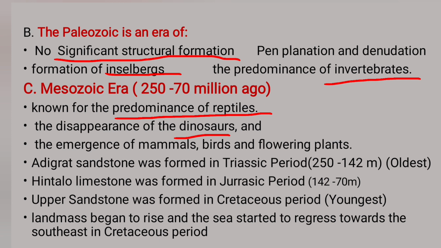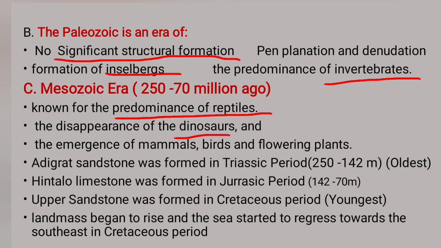Adigrat sandstone was formed in the Triassic period, between 250 to 142 million years ago.